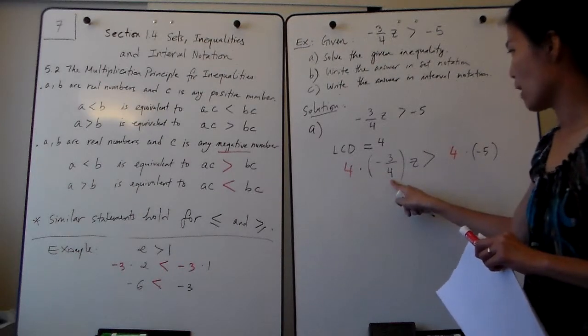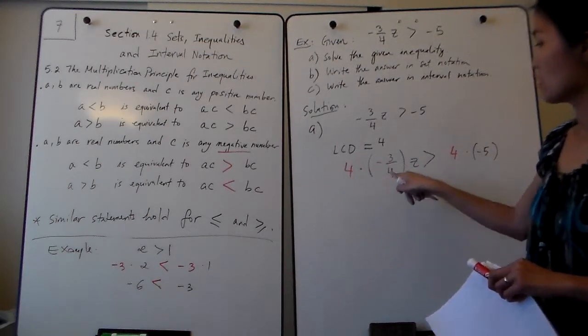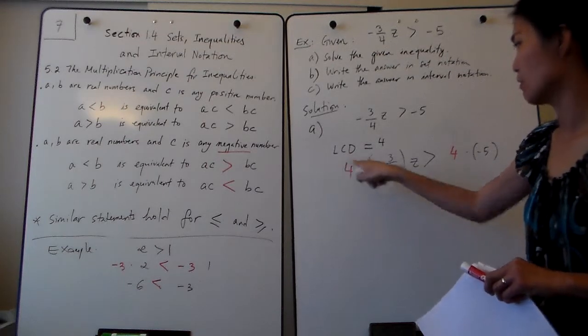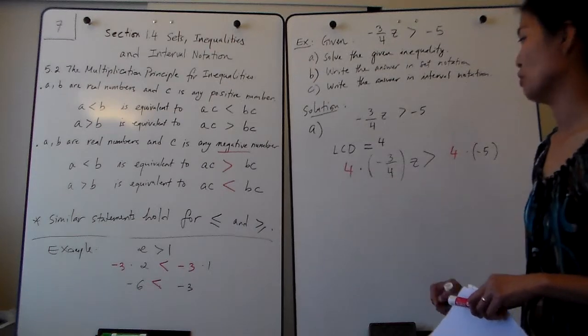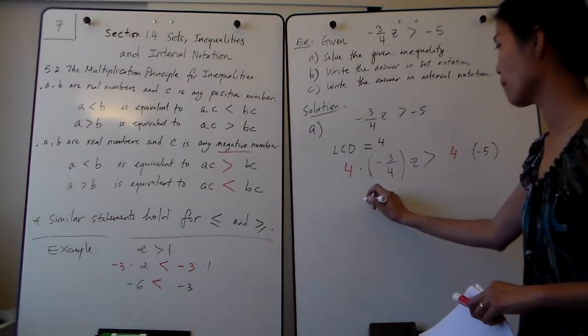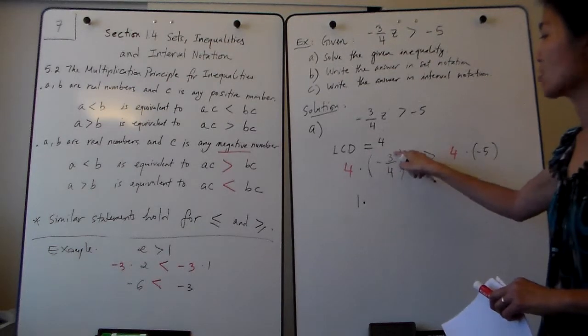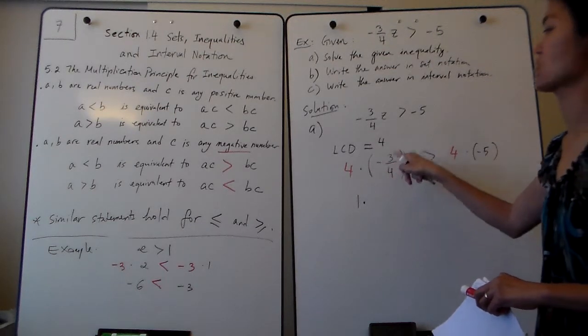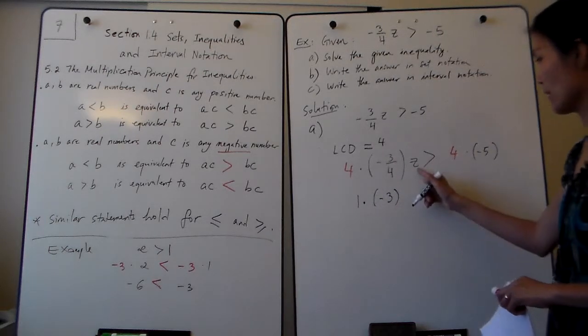So 4 divided by 4. This 4 is on top, the numerator. This 4 is the denominator. So numerator divided by denominator, and because it's the same value, it'll be 1. 4 divided by 4 is 1. So 1 times the value inside the parentheses, which is the numerator, negative 3. Don't forget the z.